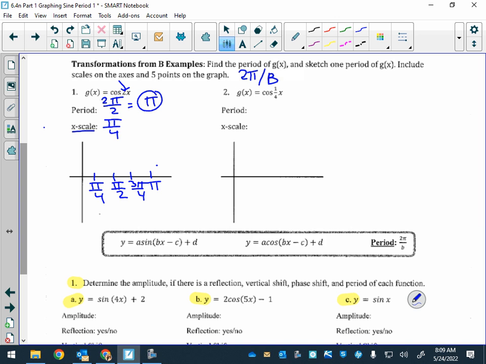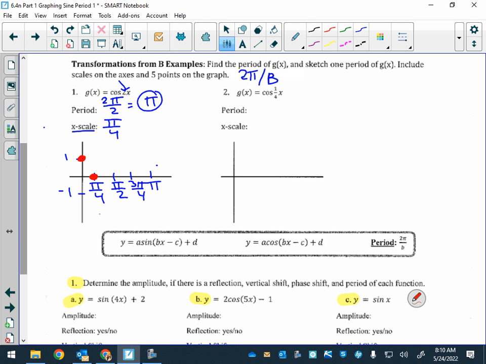Okay? What is our amplitude of this function? 1. What is our midline? Nick? 0. So our midline is 0, and our amplitude is 1. So for cosine, where am I starting? 1. Then pi over 4, 0.